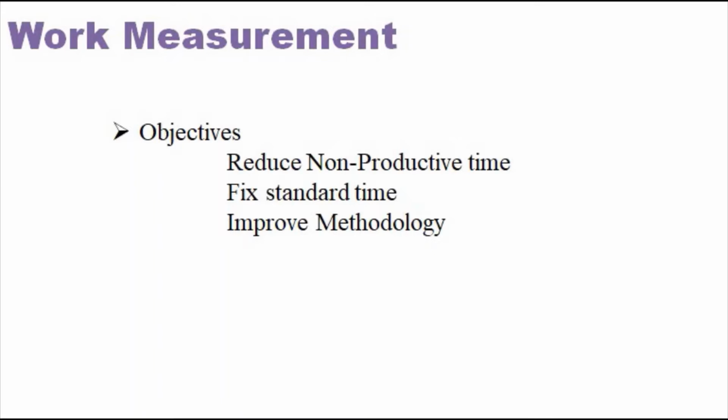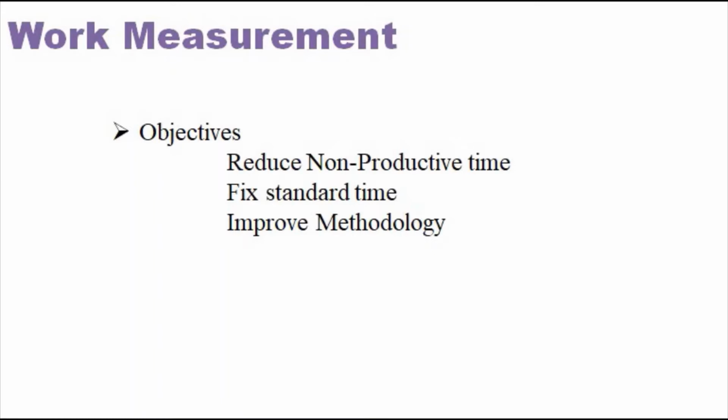Also, using this technique, one can decide a standard or fixed time to perform the particular job, and that time can be considered the standard time, used for comparison with the time required by another person to complete the same job.